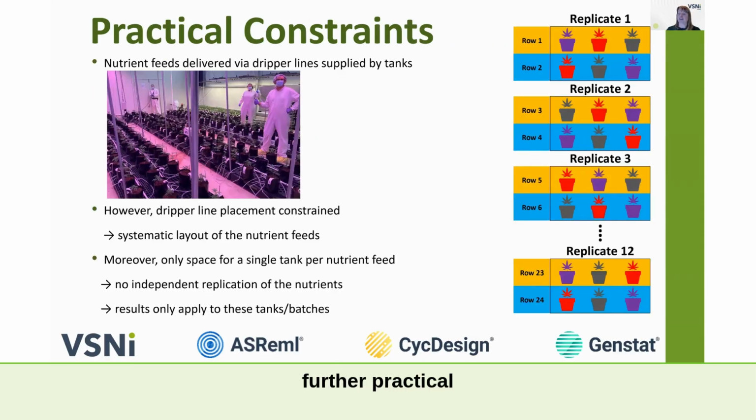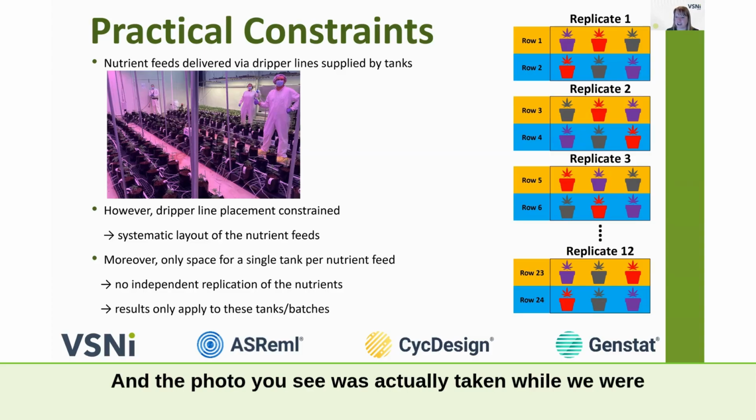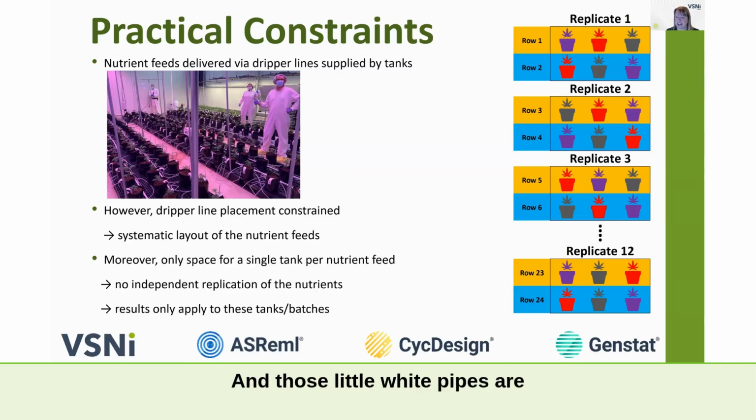However, further practical constraints emerged. The nutrient feeds are supplied to the plants through dripper lines connected to a tank. And the photo you see was actually taken while we were setting up the experiment, and those little white pipes are the drippers that get inserted into the plant bags to deliver the nutrient feeds.